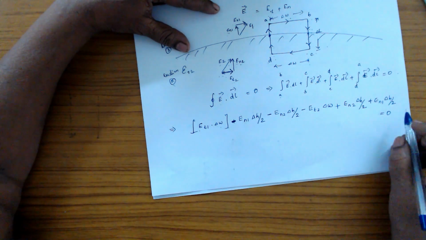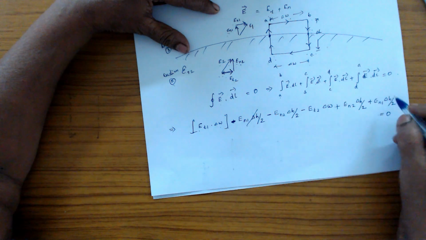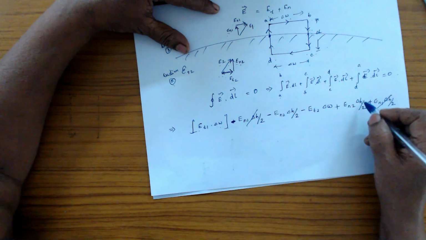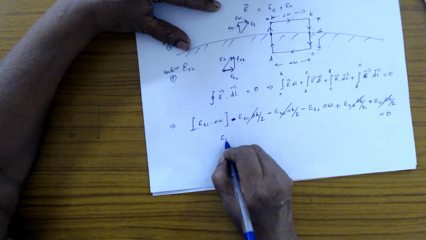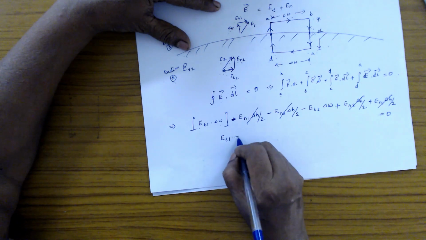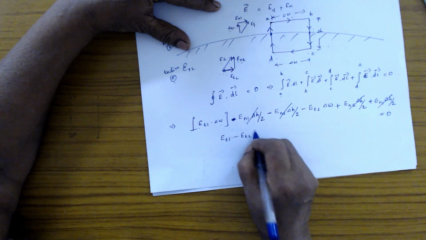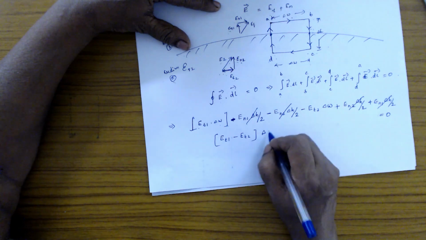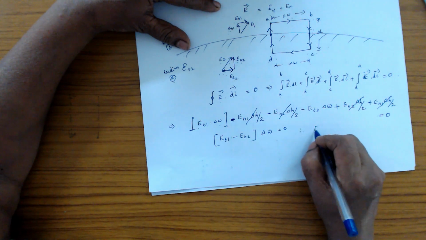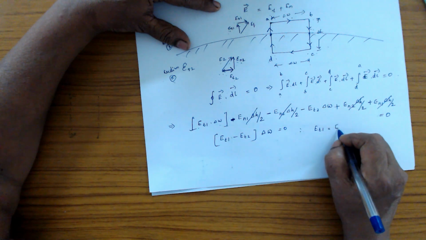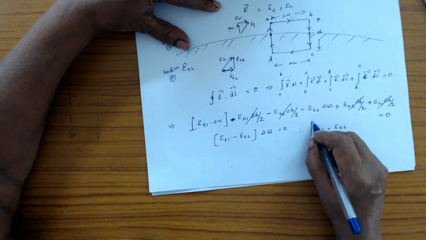Now when you look at here, plus En1 minus En1 cancel, plus En2 minus En2 cancel. So (ET1 minus ET2) into delta W is equal to 0. Therefore ET1 is equal to ET2. This is my first boundary condition.